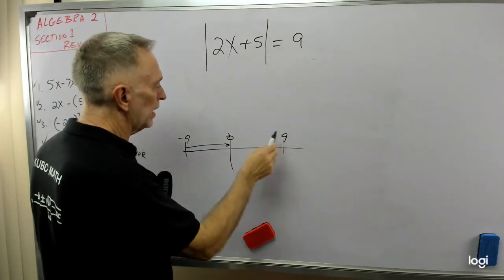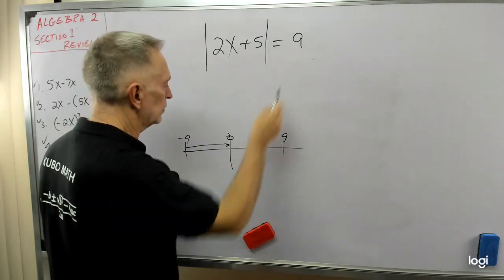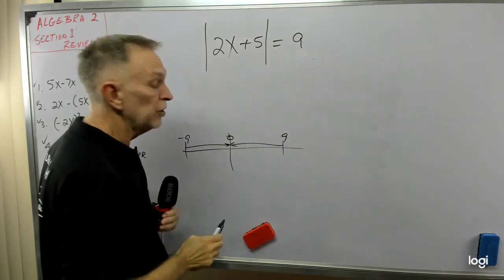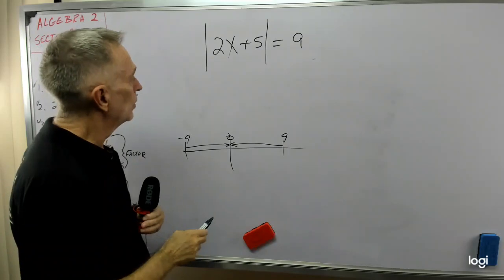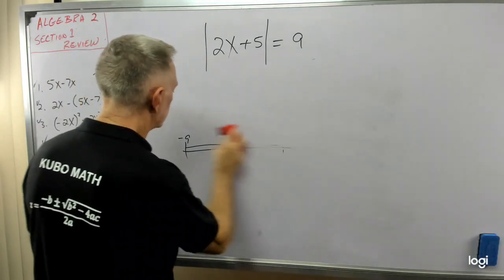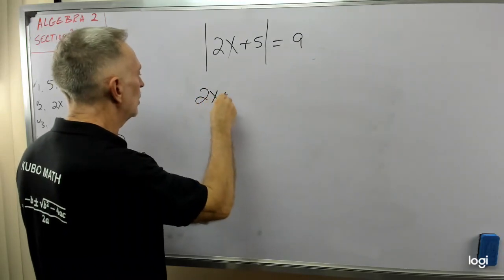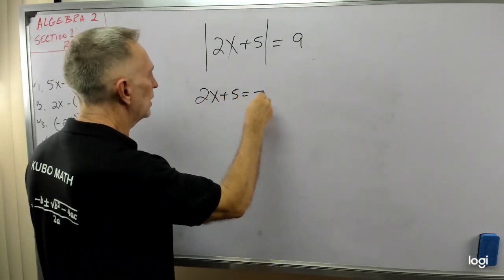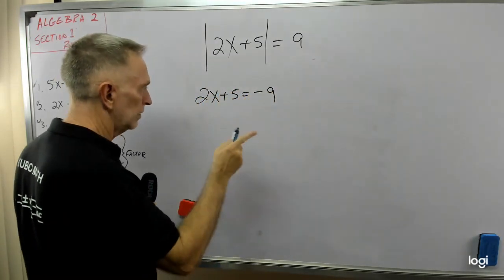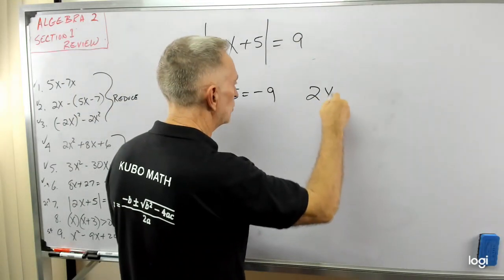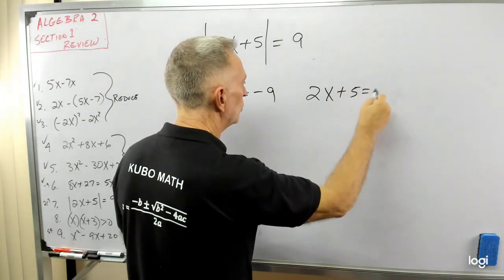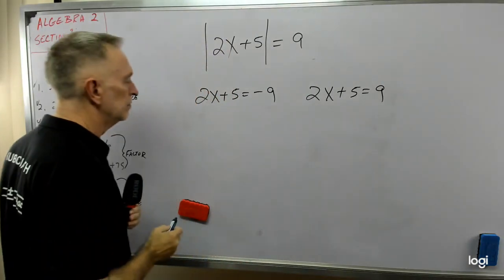The absolute value of a positive 9 is 9 because it's 9 units from 0. So what that means is 2x plus 5 could equal a negative 9, and then 2x plus 5 could equal a positive 9.